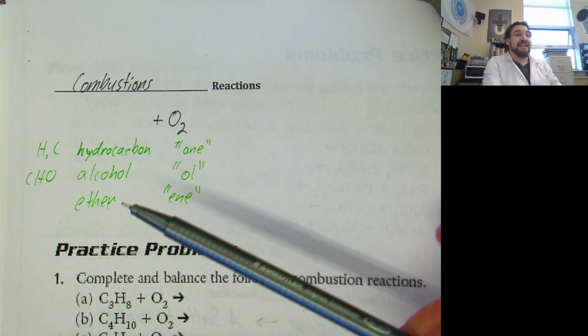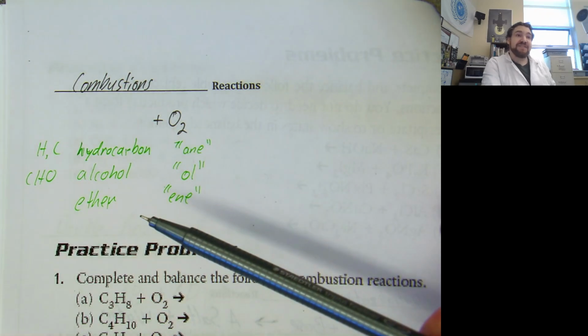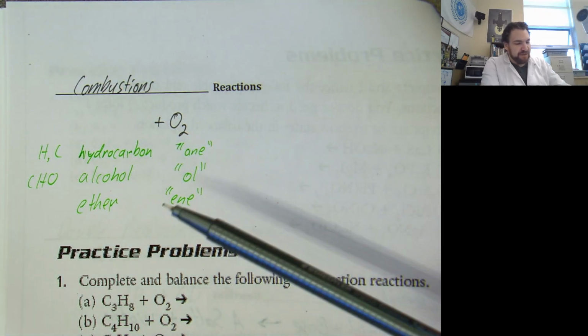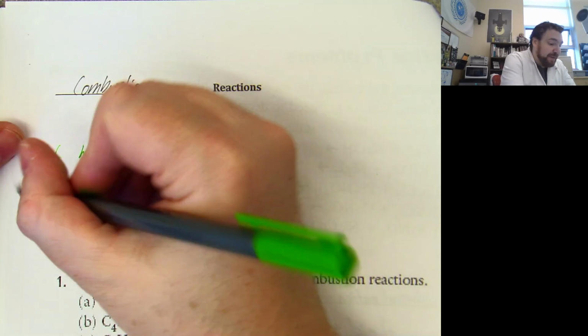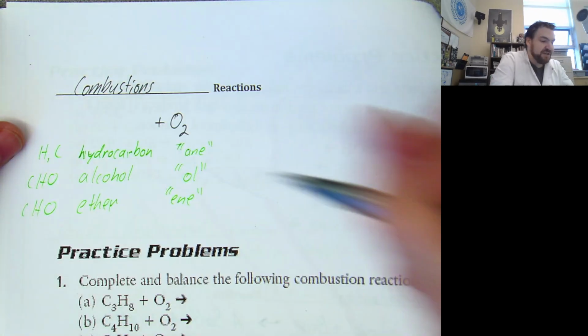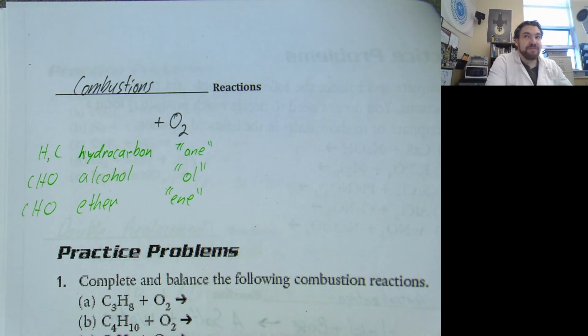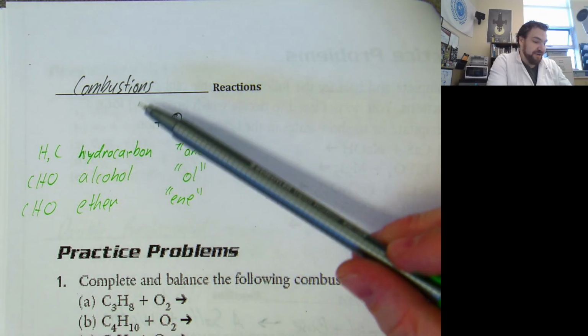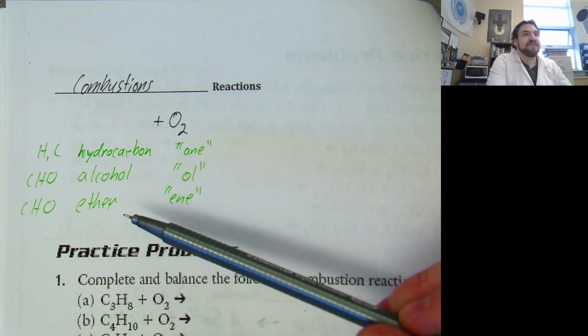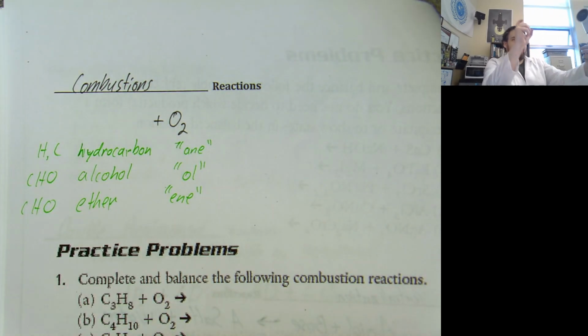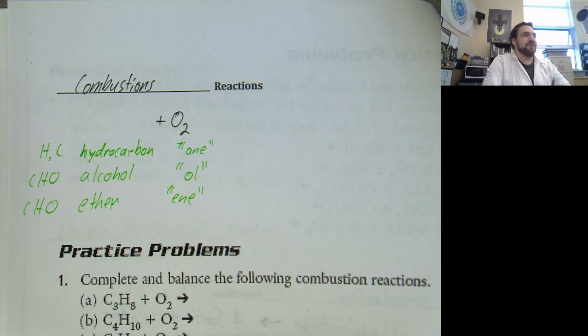Different kinds of ethers have different kinds of scents. You can get different ethers from different places. Ethers are also made up of carbons, hydrogens, and oxygens. They're also very flammable, which is why we're listing them here as a combustion reaction. It's why Axe body spray is as flammable as it is. You hold up the lighter, and it makes a big flame. If you've never tried that, don't try it indoors.